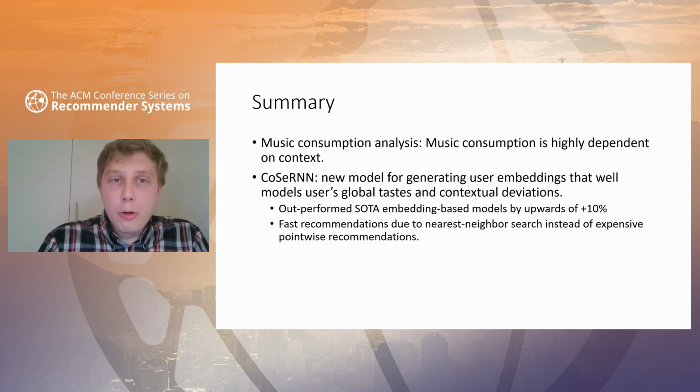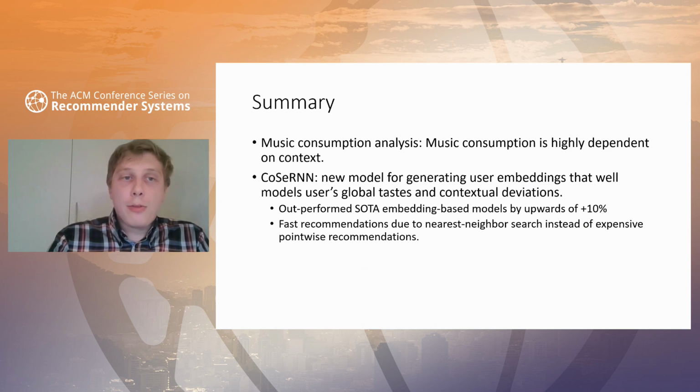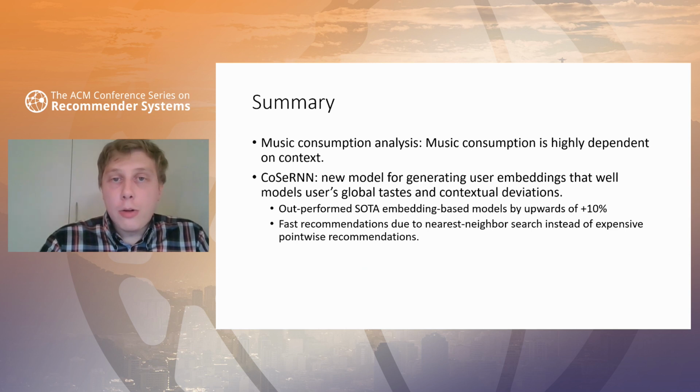So in summary, and you can read a lot more details in the paper, we have made a music consumption analysis where we show how context influences what you listen to. And then we proposed a new model called COSRNN, which is based on generating user embeddings that both match the user's global taste, but also the contextual deviations.